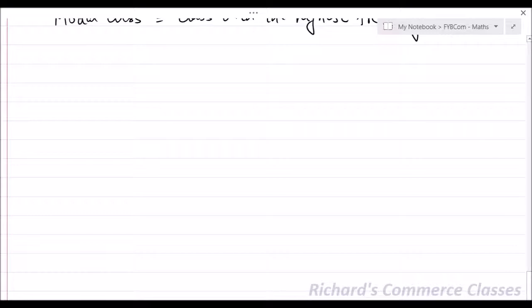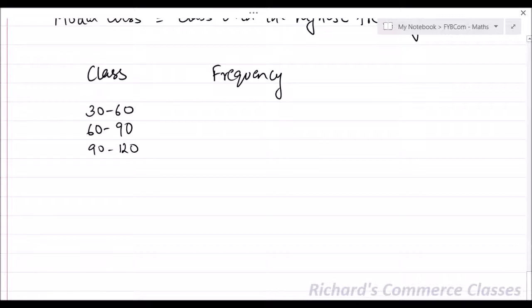So let's say the question given is as follows: class and frequency, where the classes are 30 to 60, 60 to 90, 90 to 120, 120 to 150, and 150 to 180.